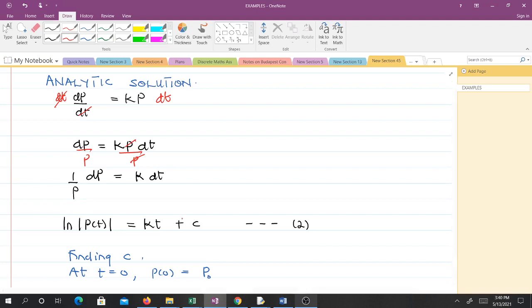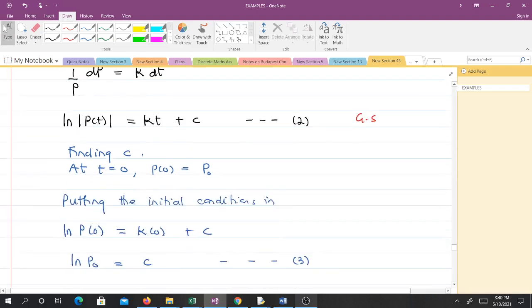So this is the general solution. I want to find a particular solution, so that means that we have to get initial conditions and find c. So the initial condition is that at time t equals 0, P(0) is equal to P naught, where P naught is the initial population, right?